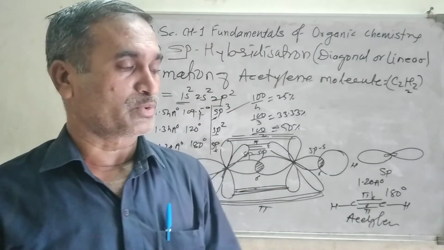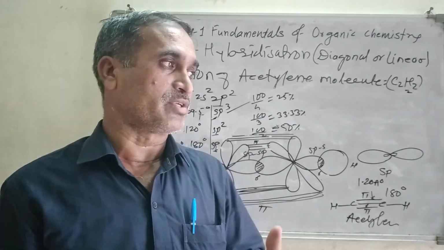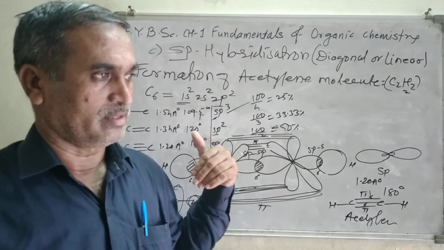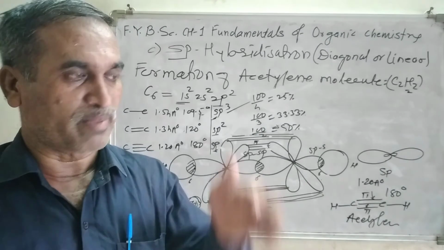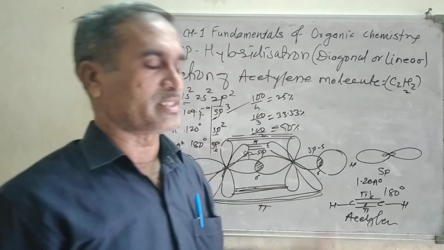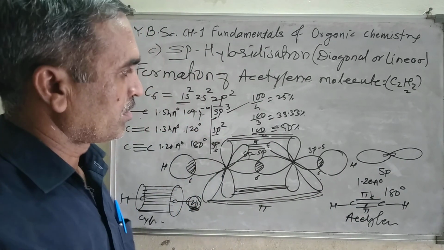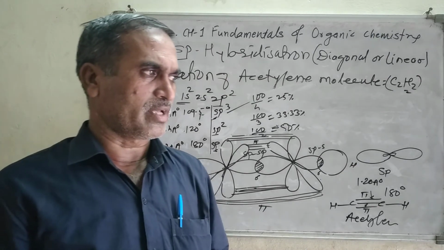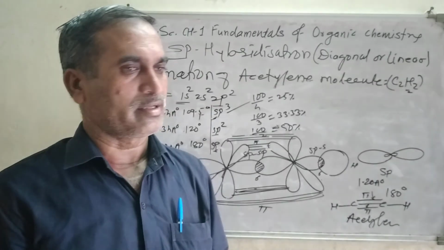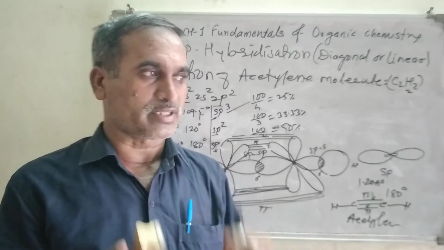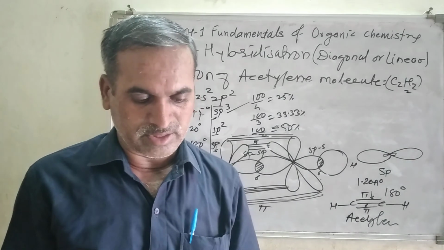After that we will learn the application of these while explaining the acidity and basicity of some organic compounds, and after that the benzenoid systems. So I think with this let us stop today, the remaining we will see next time.